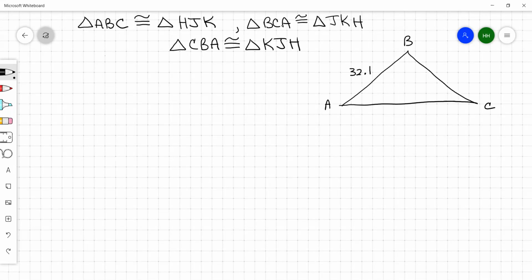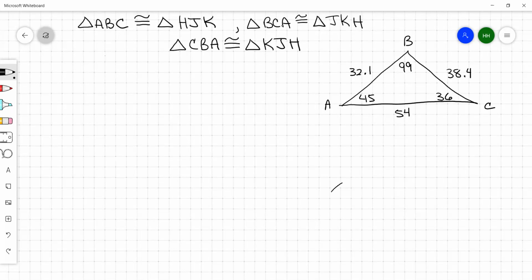Angle B is 99. BC is 38.4. Angle A is 45. Angle C is 36. Side AC is 54.